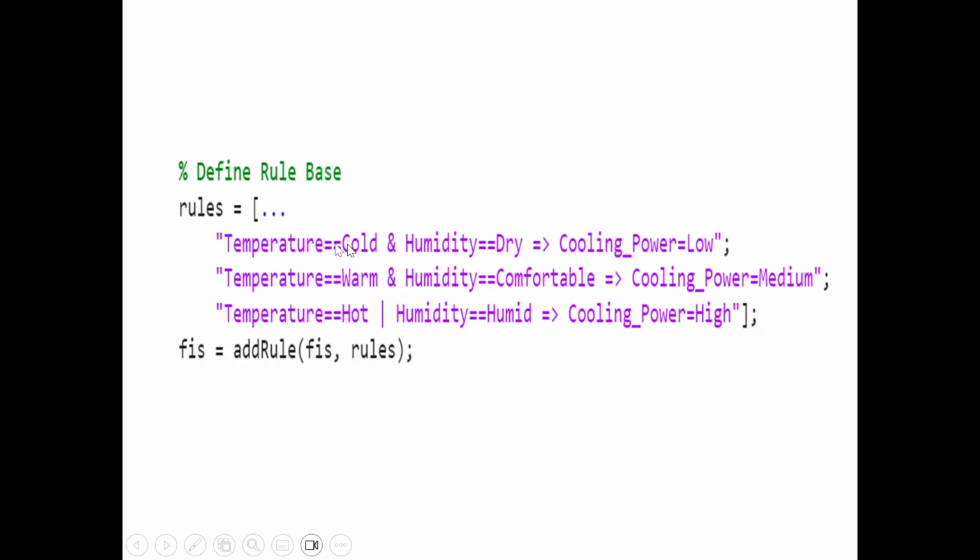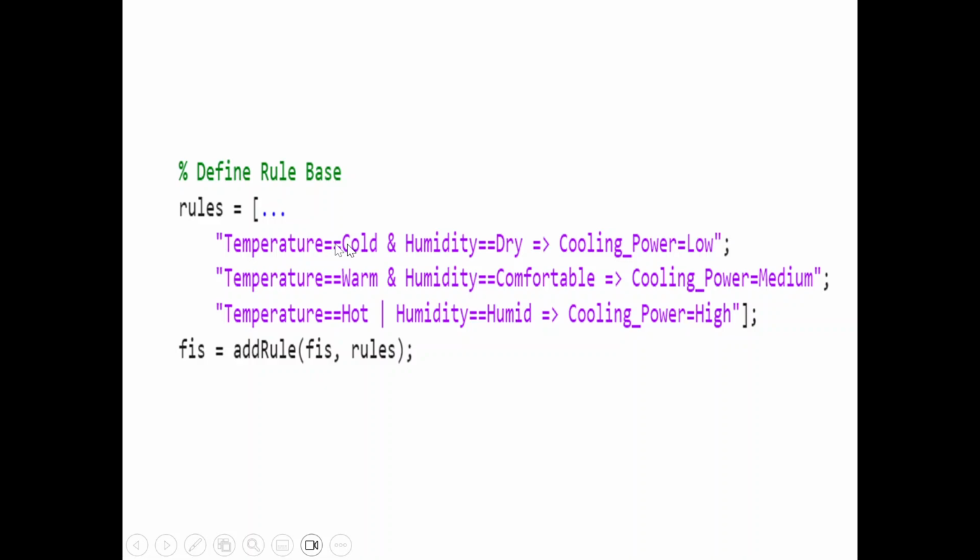Well, after you have declared these rules and loaded them into the rules variable, you are going to add the rules to the fuzzy inference system by using the command addRule.